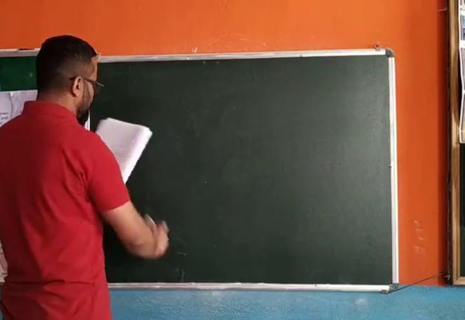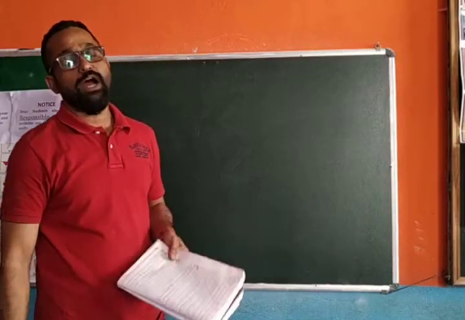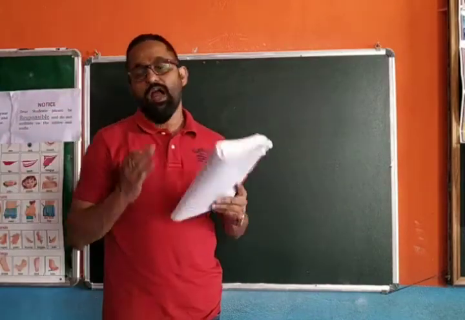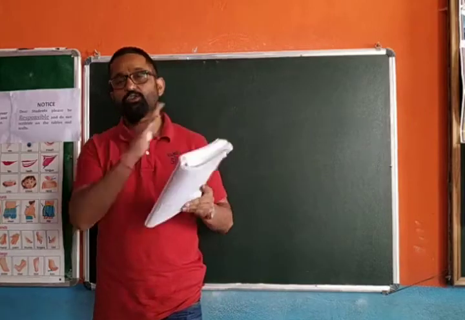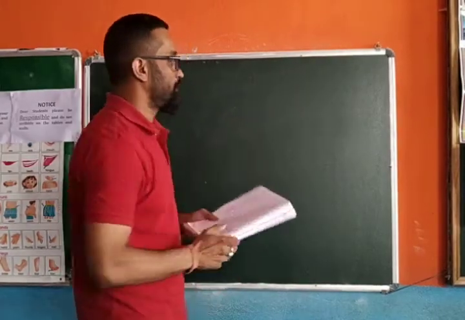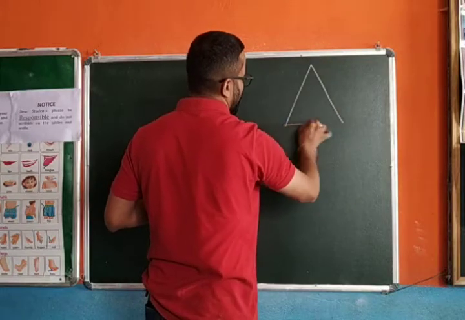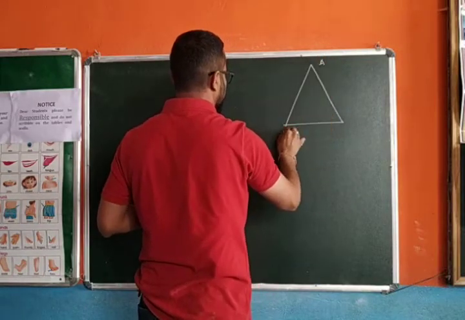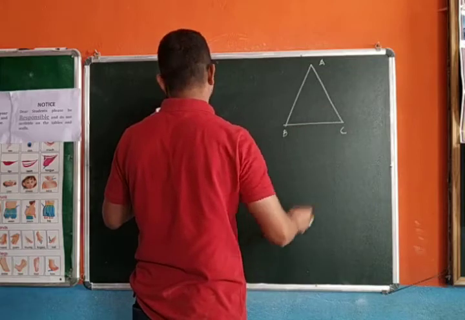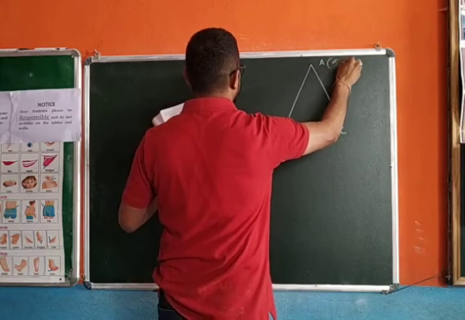Question 15 tells you that check whether the points are vertices of isosceles triangle. Isosceles triangle is a triangle in which two sides are equal. So you draw the diagram at the side. Write it as A, B, C. First coordinate we write it as 5, -2.